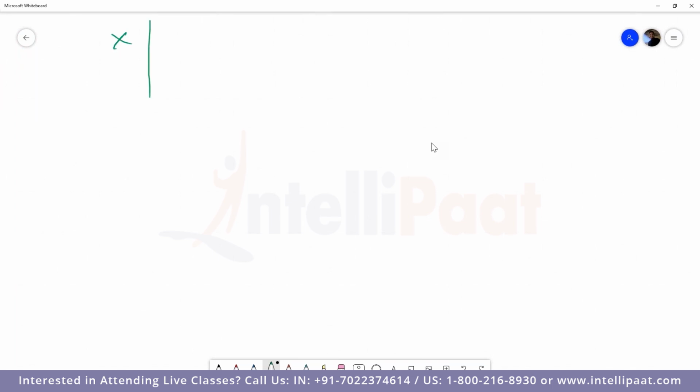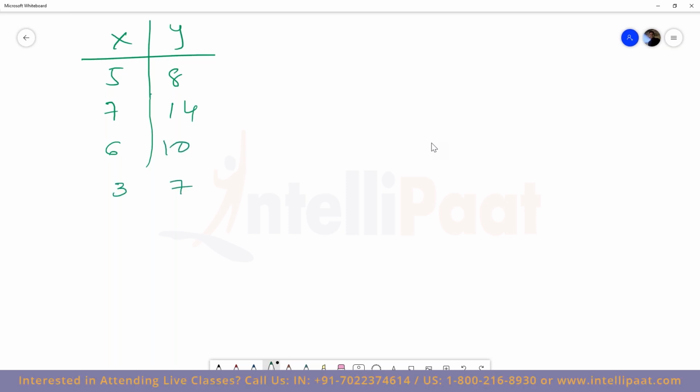Let's say this is X and this is Y, and we have 5, 8, 7, 14, 6, 10, and 3, 7. Let's say these are 4 data points, right?